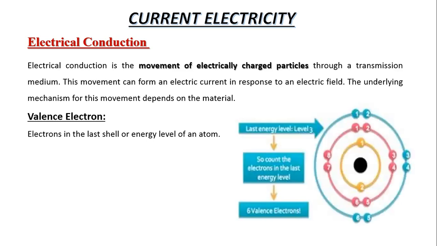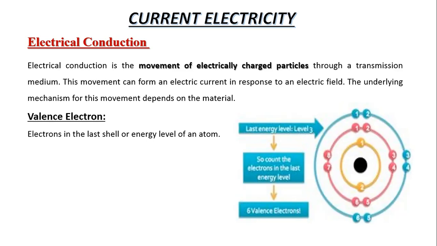As you can see in the figure, here is a material in which the number of electrons in the last orbital is 6, meaning there are 6 valence electrons. We have discussed earlier that in any neutral atom, the number of electrons present in the outermost shell is stable by default.